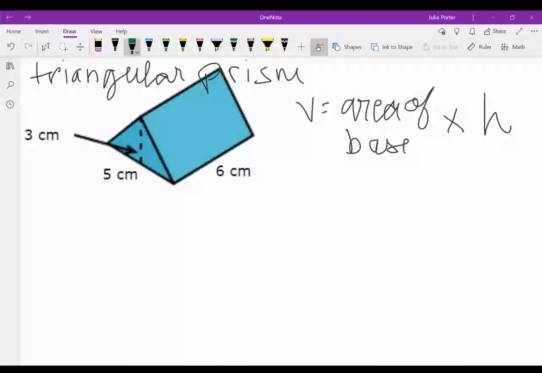In this, we can make any of these sides our base. It doesn't matter what side is actually facing the floor. We're just going to make one of these sides our base, and I'm going to make this triangular side our base.